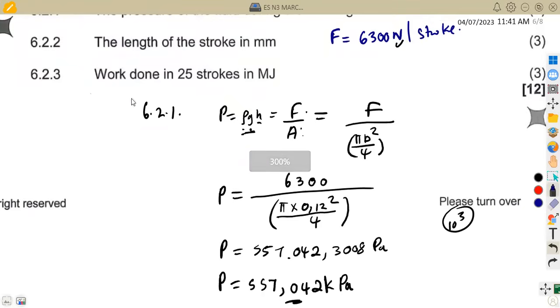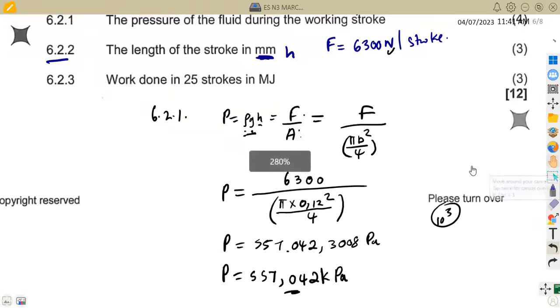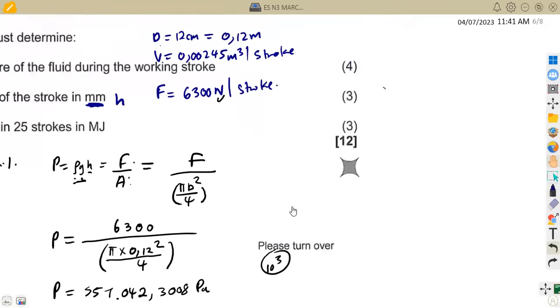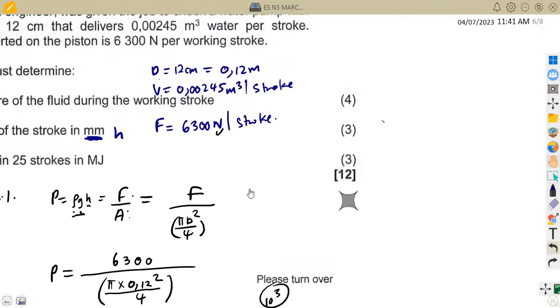All right. So in this case, 6.22, the length of the stroke in millimeters. We are asked to calculate the length of the stroke, which is h, in millimeters. Take note, from the information we have got here, the volume per stroke is given.